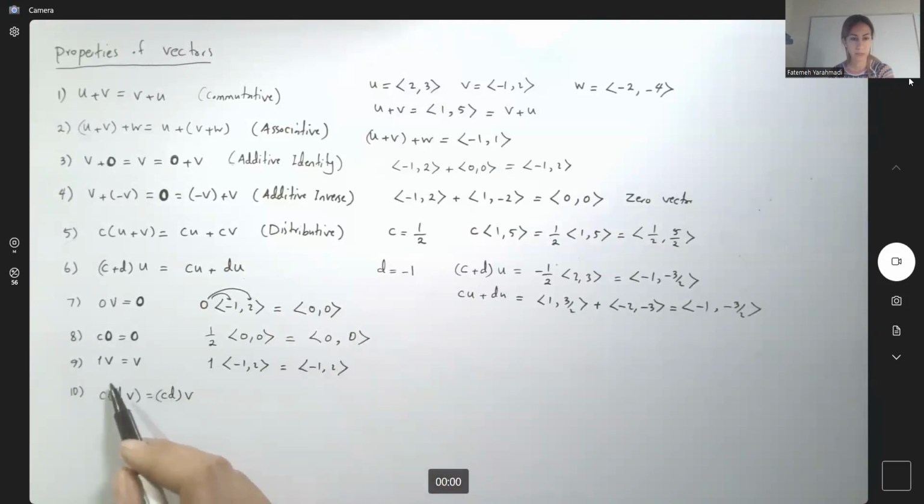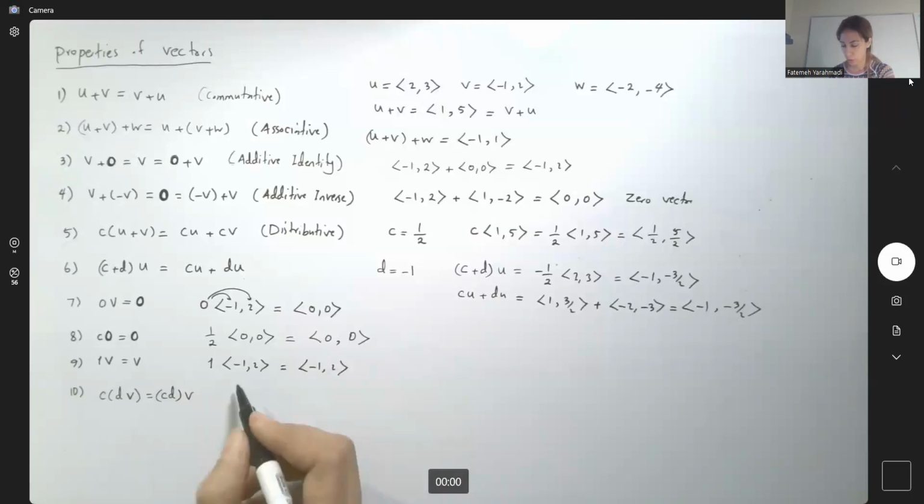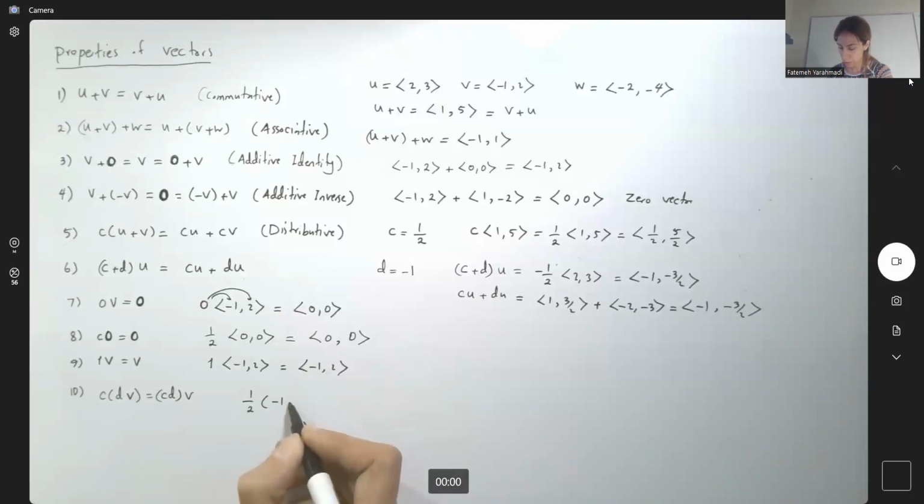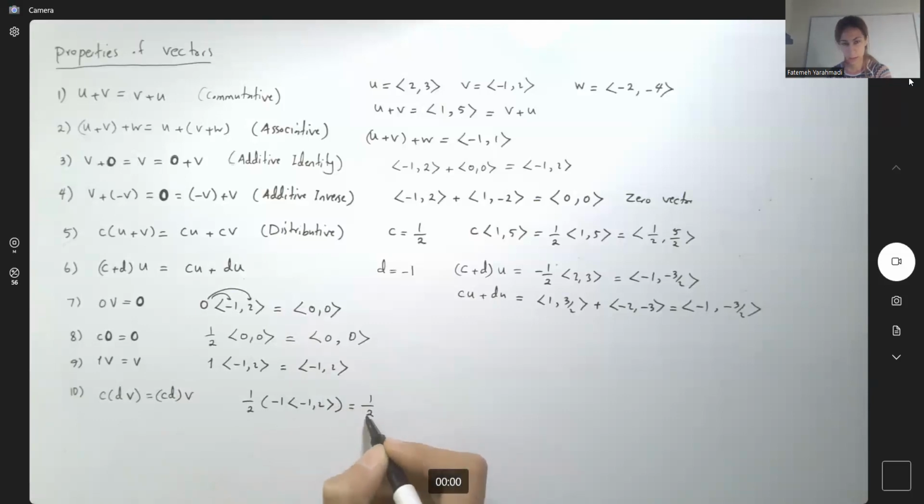If you have 2 scalars and you're finding the scalar multiplication, you can just multiply those scalars together and then find the scalar multiplication. So I have a half times -1 times vector v, which is -1 and 2. You can say that I find the scalar multiplication here, and then find the second scalar multiplication.